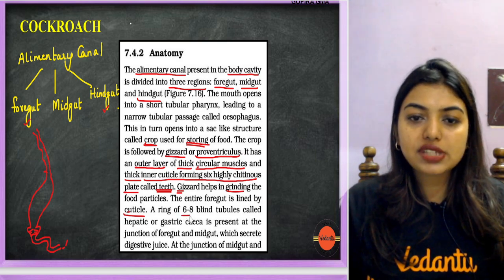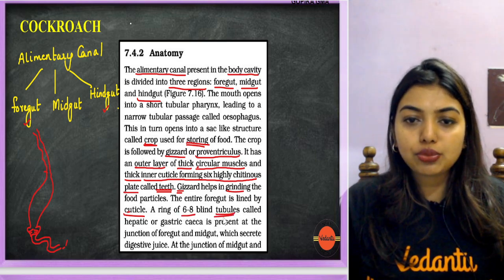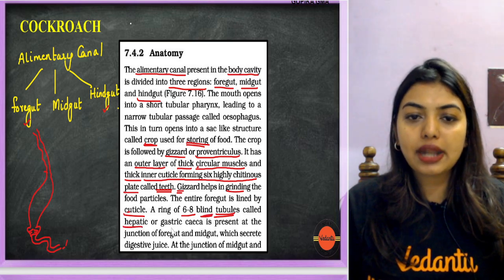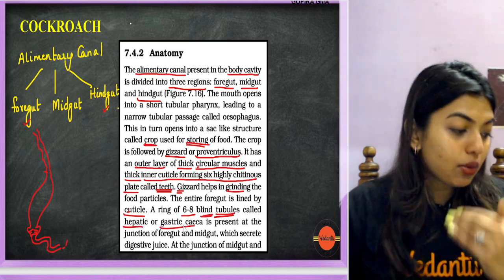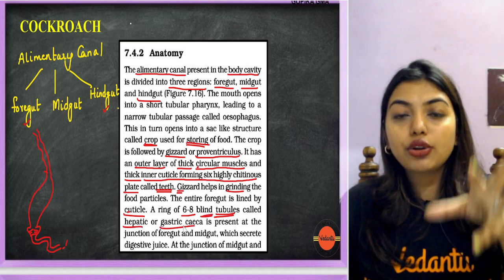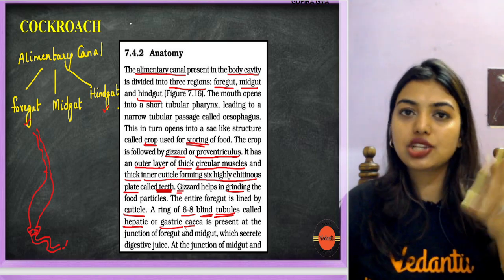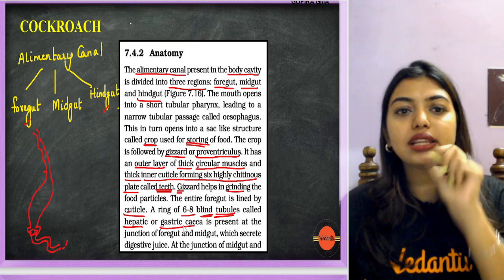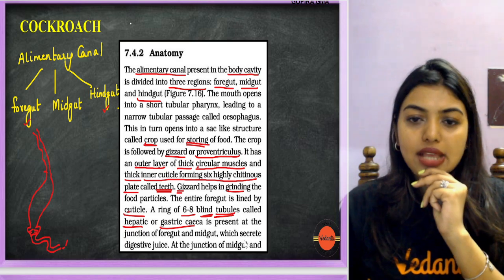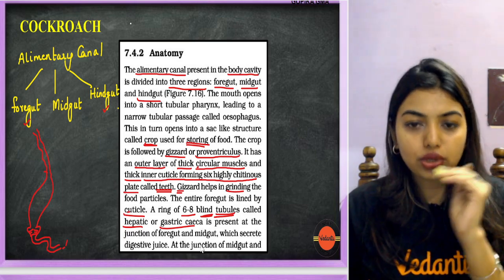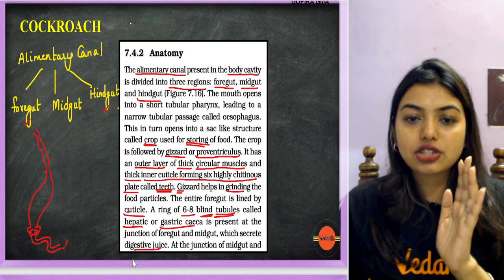A ring of 6 to 8 blind tubules called hepatic or gastric caeca are there. What are these gastric caeca going to do? They are going to add their secretions into the midgut to digest the food. So gastric caeca are present at the junction of the foregut and midgut, which secrete digestive juices.